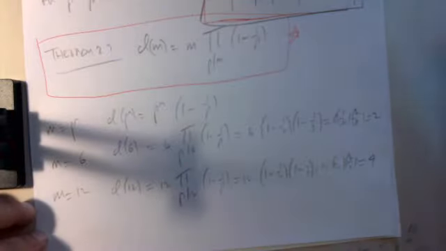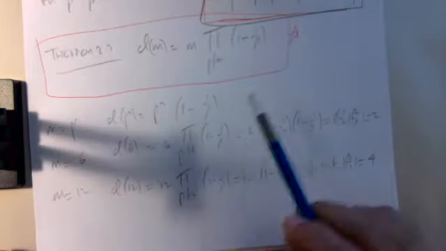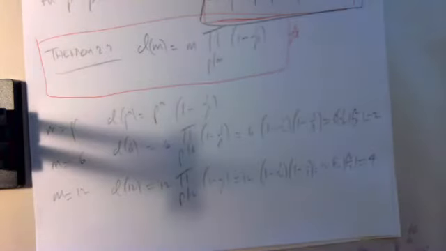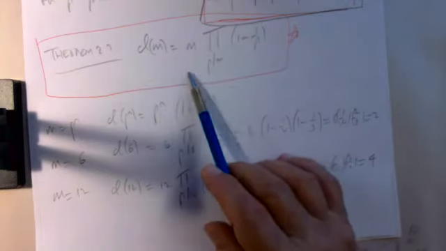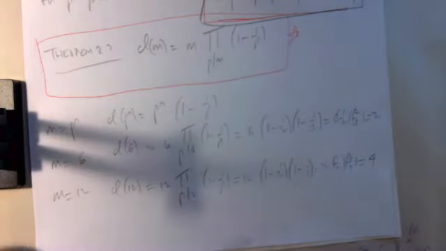This is 4. And again, if you compare this to our table, that's exactly what we got. Phi of 12 is equal to 4. So this is a very powerful result. At least if you're given a number m and you can find its prime factors, you can compute phi of m.